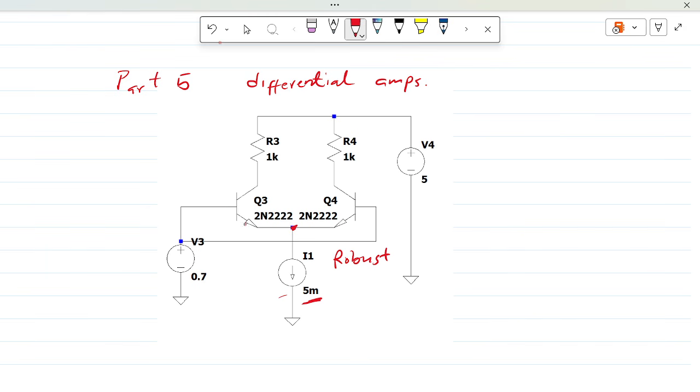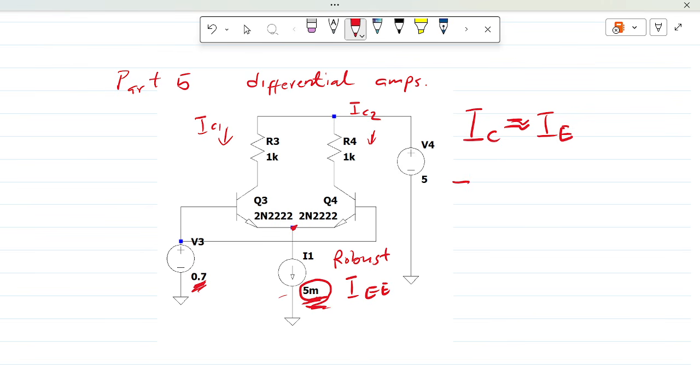So previously we realized that without the current source, these collector currents in these branches were free to move about depending on the base emitter voltage. But with the current source, if we lay emphasis on the fact that we are assuming IC is approximately equal to IE, then we can say that IC1 and IC2 should add up to the tail current IEE, which in this case is 2 milliamperes.